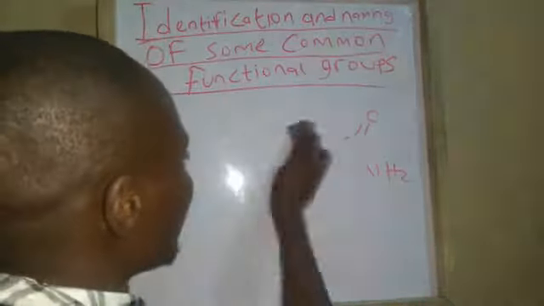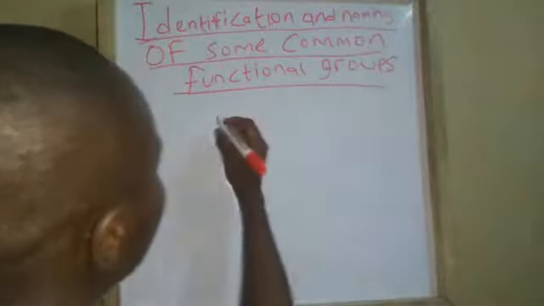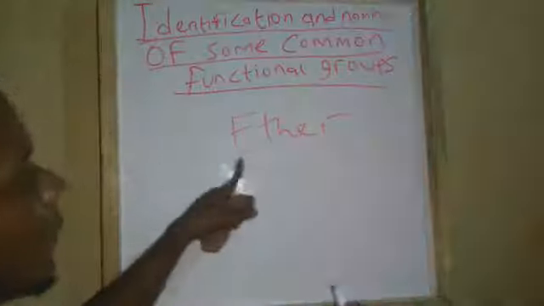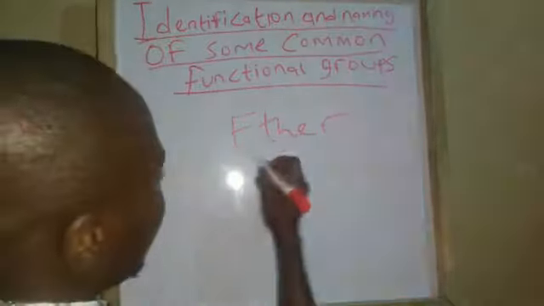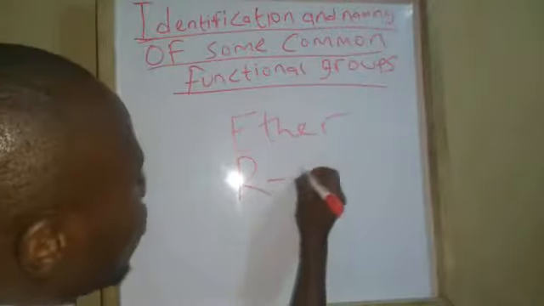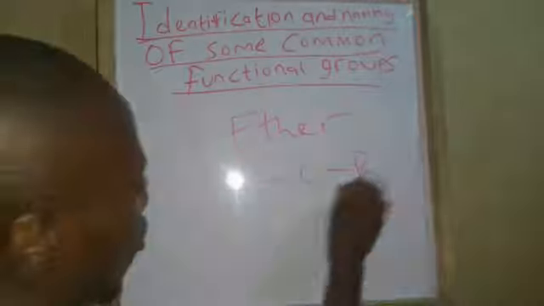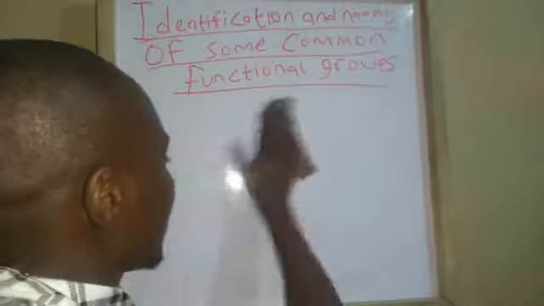Now let's quickly talk about the ether. The ethers have the general formula ROR. So we have to draw them.